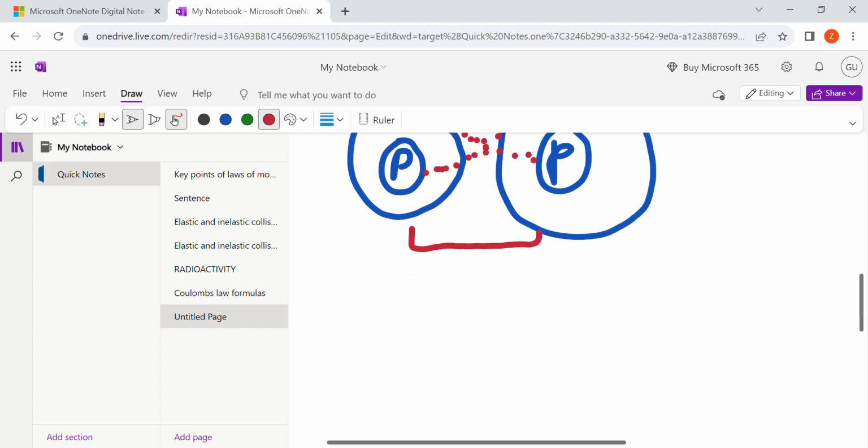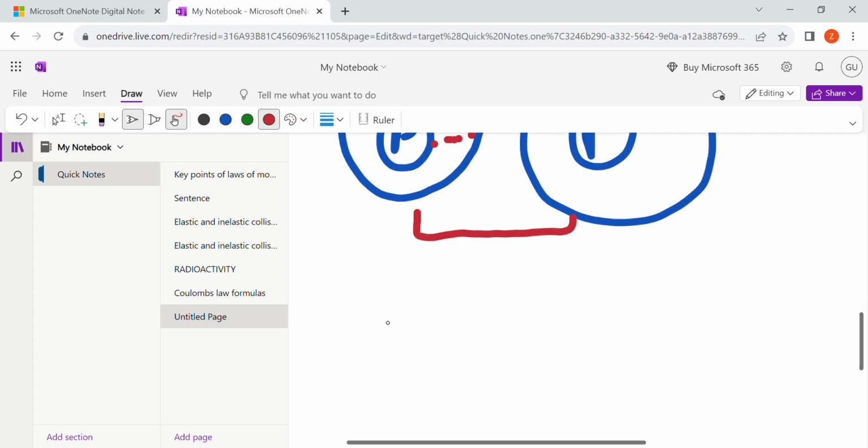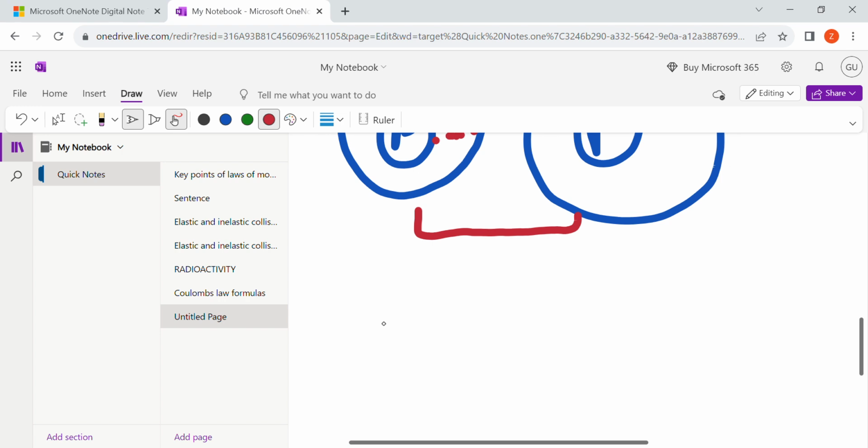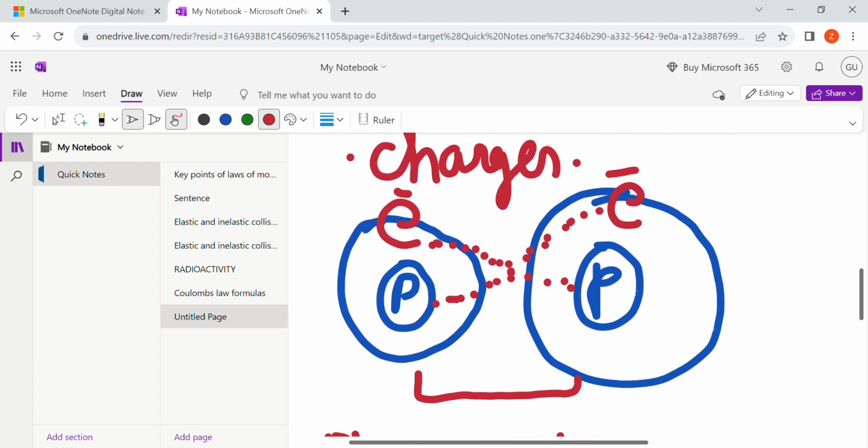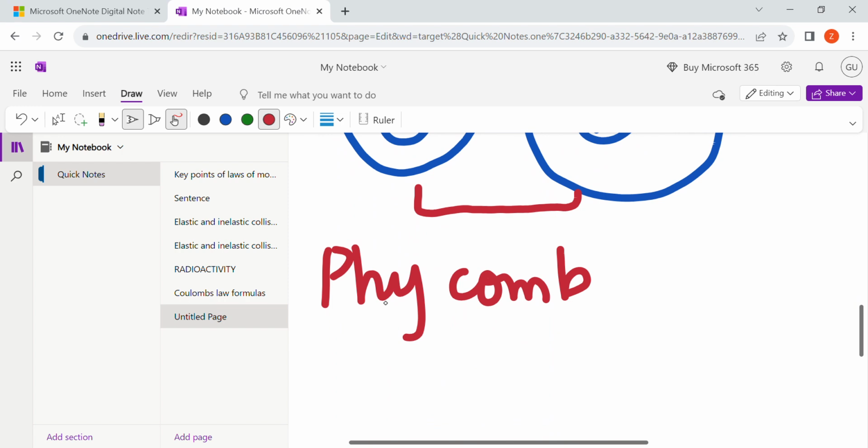This is the electrical combination, or you can say this is the physical combination. They are joining by charges. That is why we call it physical combination. And you know what?